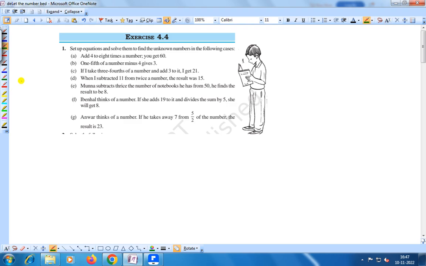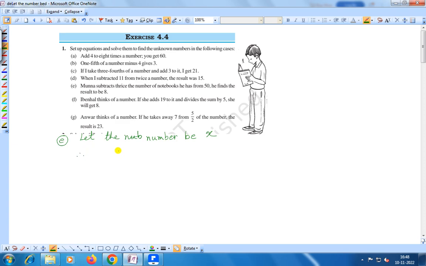Question number E is: Munna subtracts thrice the number of notebooks he has from 50. He finds the result is 8. Right? Let the number be x.